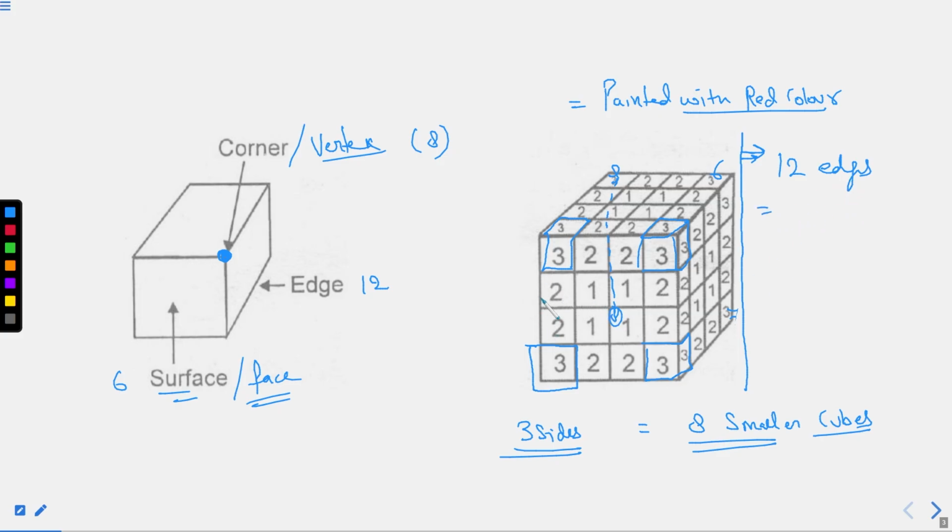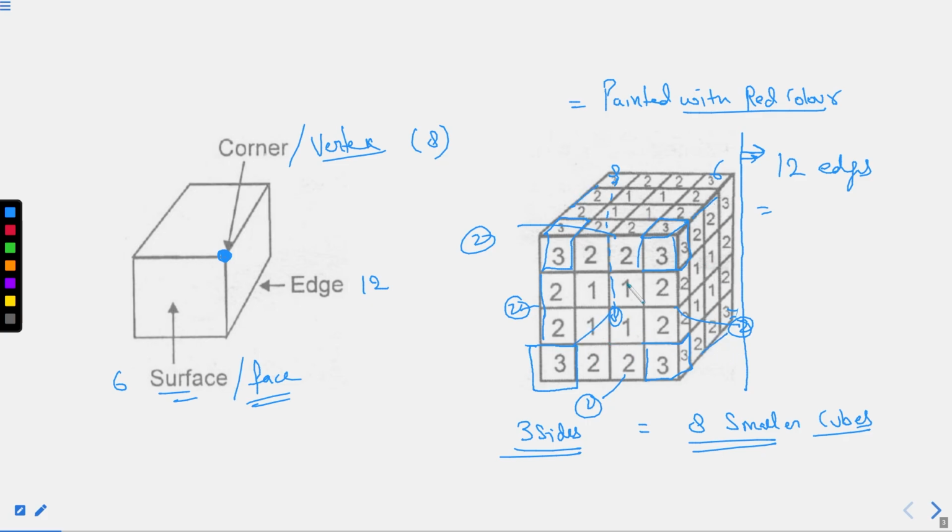At every edge, like in this edge we have 2 cubes, in this edge also 2 cubes, in this edge 2 cubes, and in this edge also 2 cubes. So like these 4 edges, we'll have 2 each. Again 2 here, 2 here, 2 here, and 2 just opposite to it.